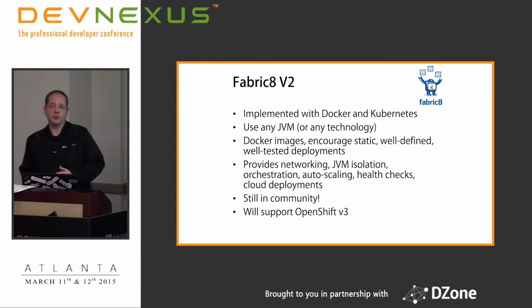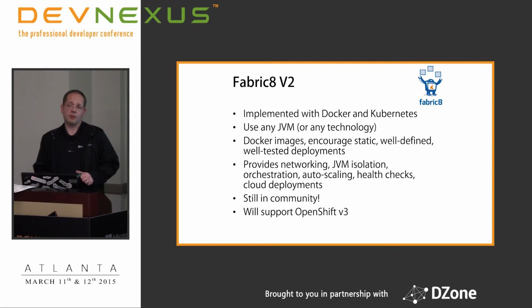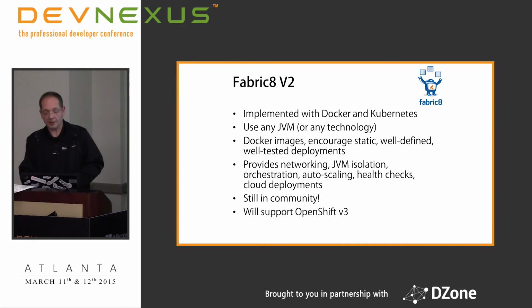Fabric8 V2 has very complete documentation and guides you through it. So if you want to play around with it, all you need is probably boot2docker or any other Docker-based solution. Just download a Docker image where Fabric8 is already running and start playing around with that. More or less the same is true for OpenShift Origin.